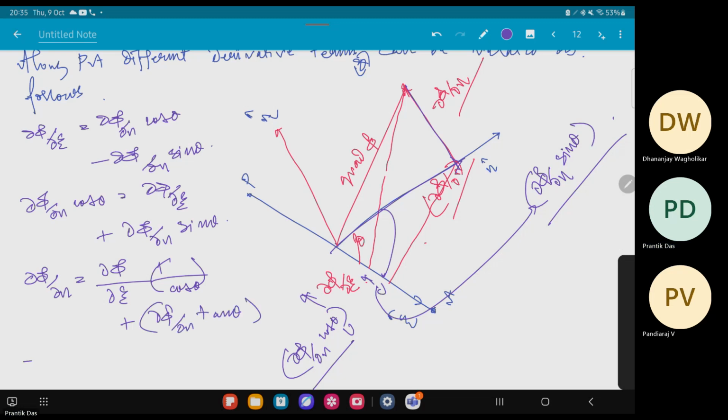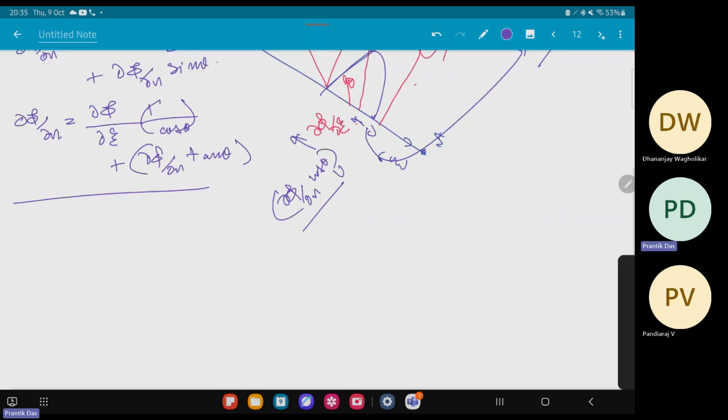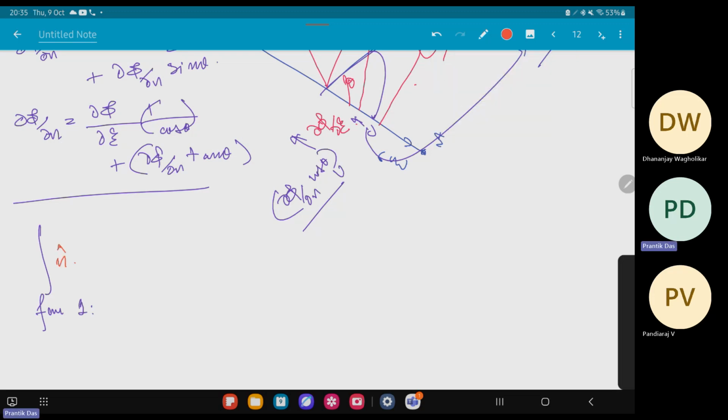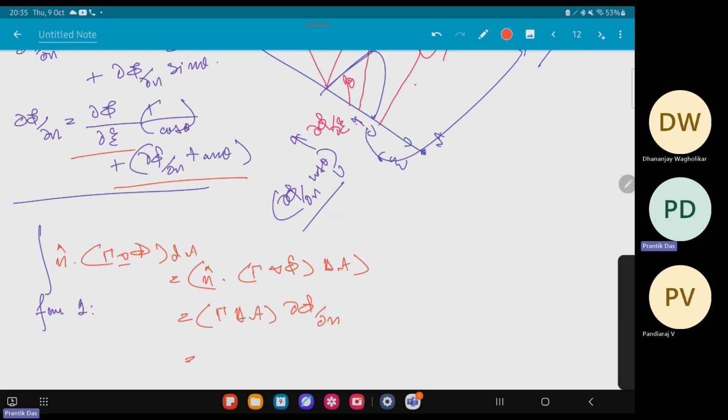Okay. So after that, you can basically write your integral at face 1. This will be n cap dot gamma grad phi, delta a. This will be equal to gamma delta a d phi dn, and d phi dn can be expressed as a function of d phi d zeta and d phi d eta.